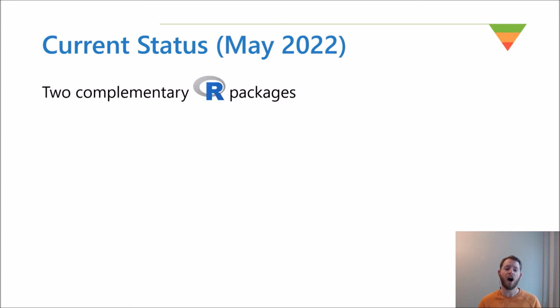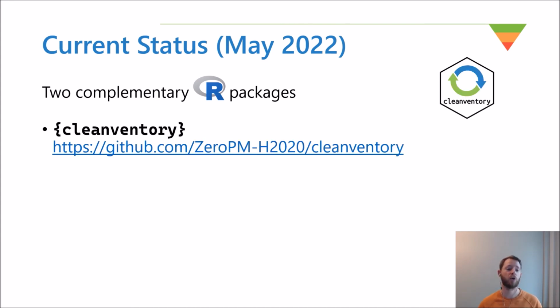For this task, this cleaning of the inventories, we have developed two R packages. R, for those of you that don't know, is an open source statistical programming language. And the two packages are called CleanVentory, which I thought was a nice pun on cleaning inventory. You can download and install that package from ZeroPM's GitHub.